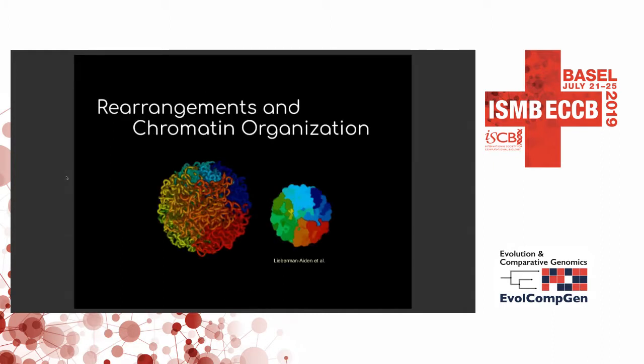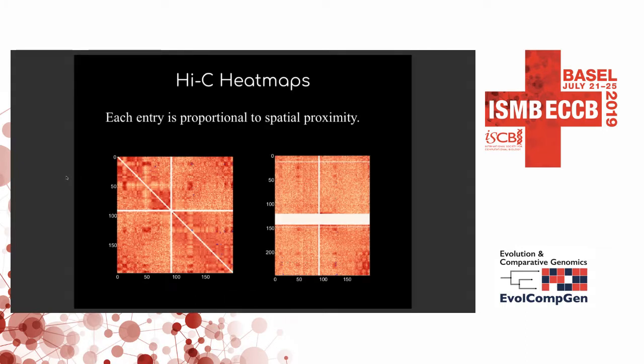So what's one potential biological constraint? That is the chromatin organization. The DNA is packed into the nucleus in a certain way, okay? And what we're interested in is the relationship between how this is packed into the nucleus and the rearrangements that may have happened. Over the last 10 years, we've had access to Hi-C data.